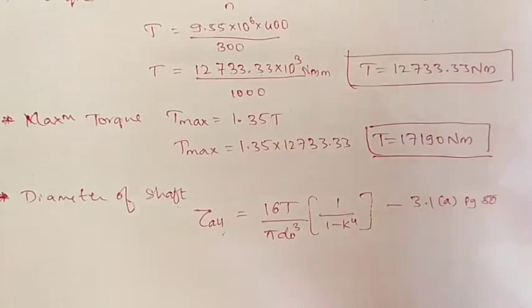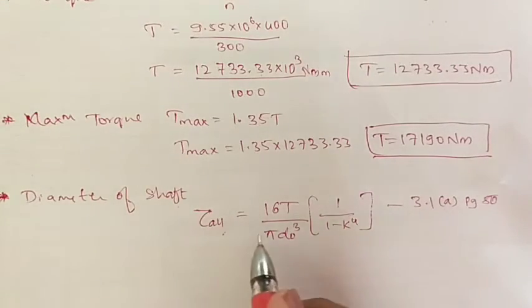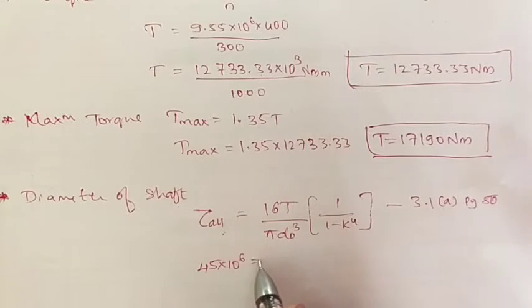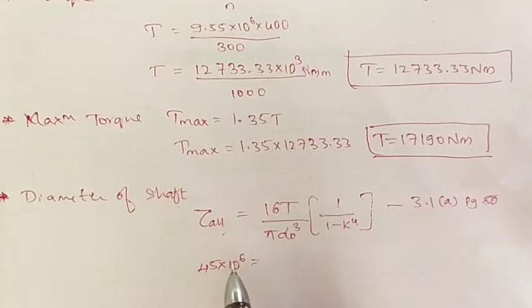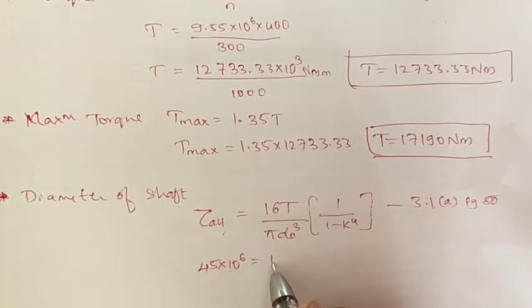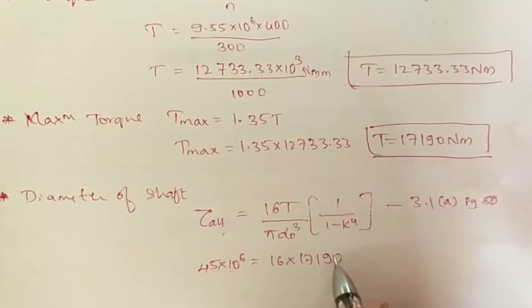Page number 50. Now go on substituting all the values. This is 45 into 10 raised to 6. 45 megapascal is given, and mega is nothing but 10 raised to 6. Torque is how much now? 17,190.